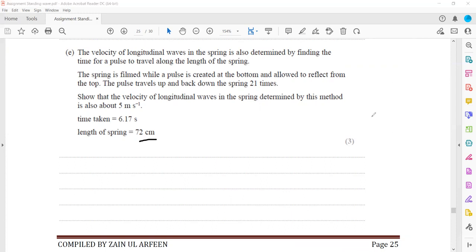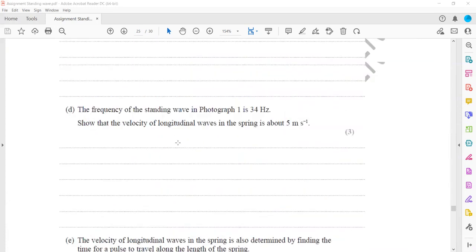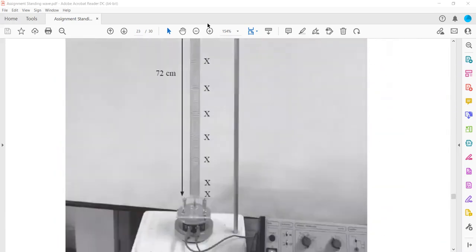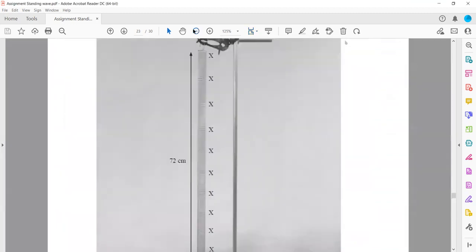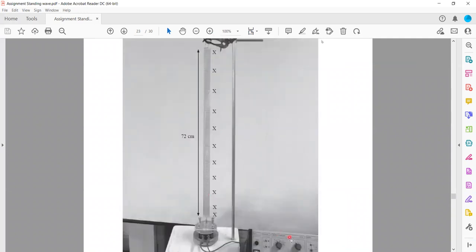Basically, what we did, we sent the wave and received it 21 times. So this is sending and receiving one time, that is one, then till 21 times.